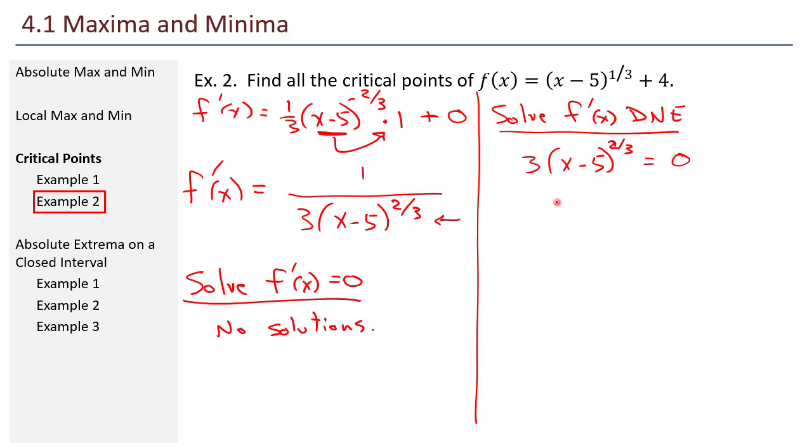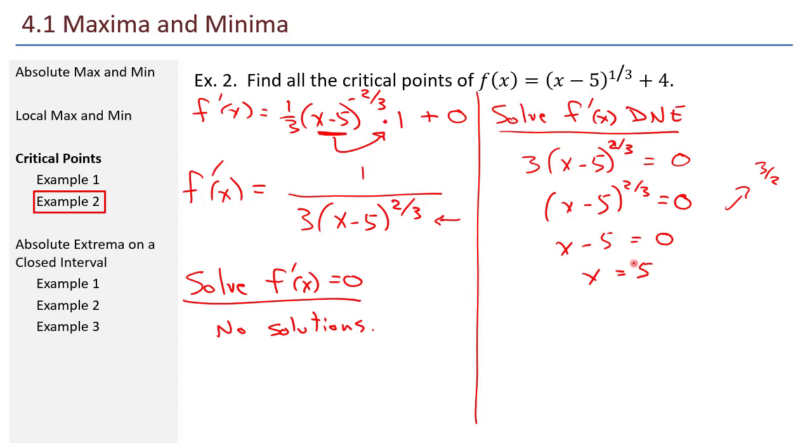I'll divide both sides by 3. (x minus 5) to the 2/3 equals 0. I will raise both sides to the 3/2 power, which gives me x minus 5 equals 0, and I will add 5 to both sides. x equals 5. So it looks like 5 is our candidate for a critical point.